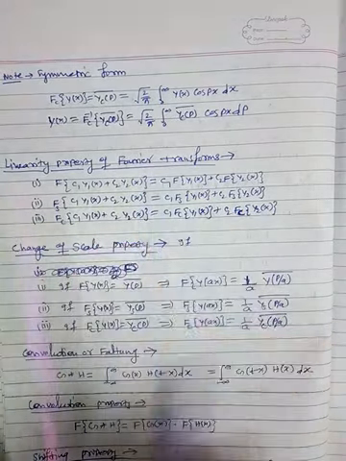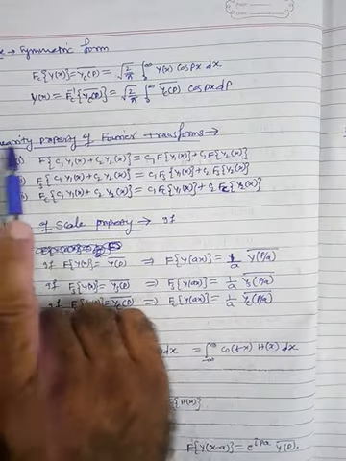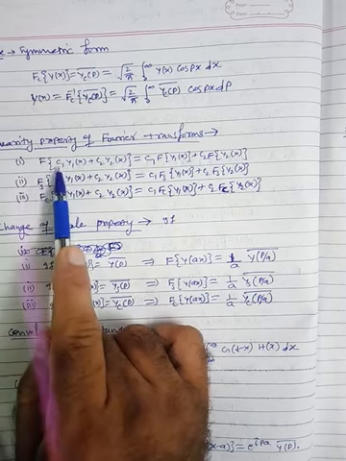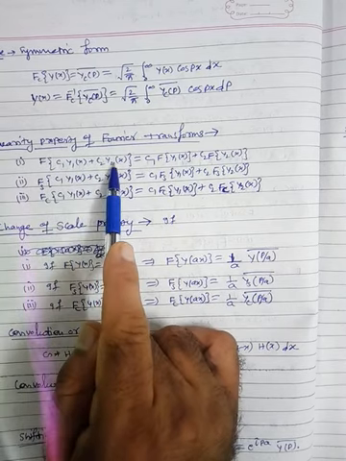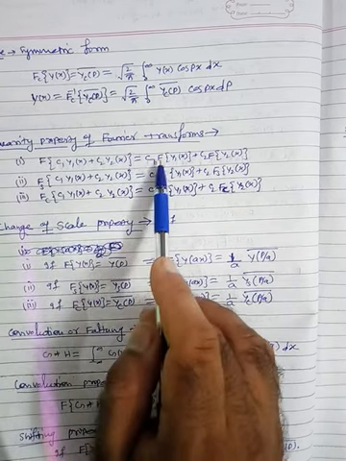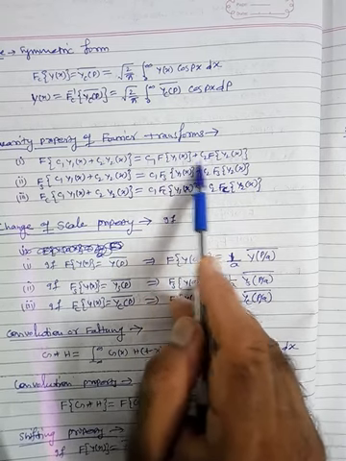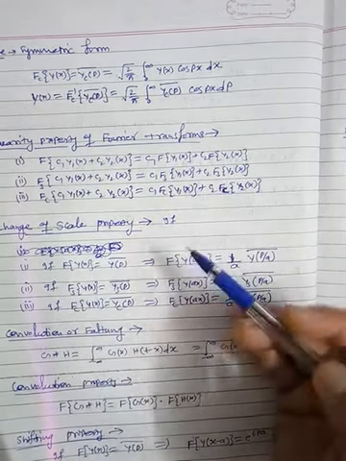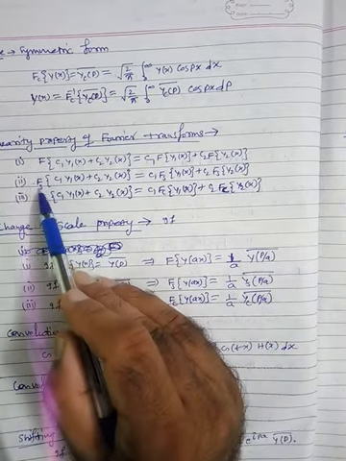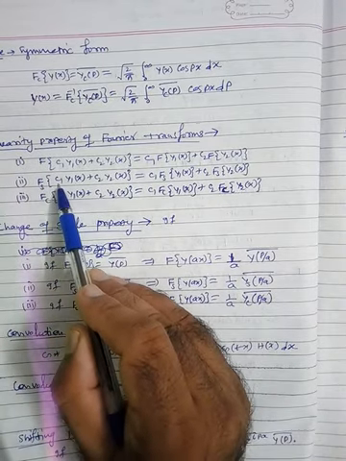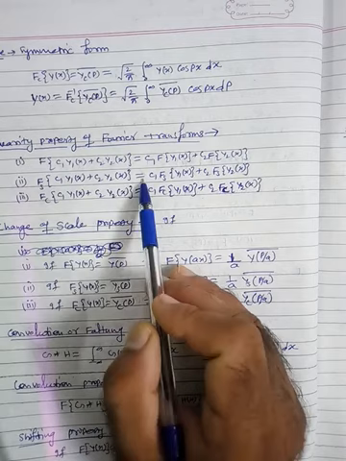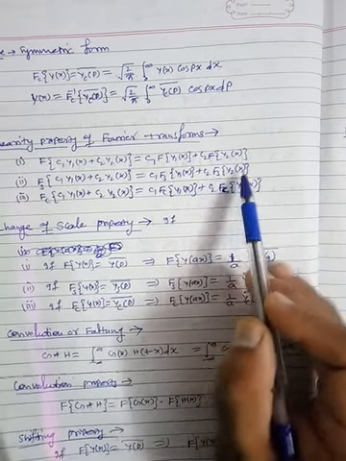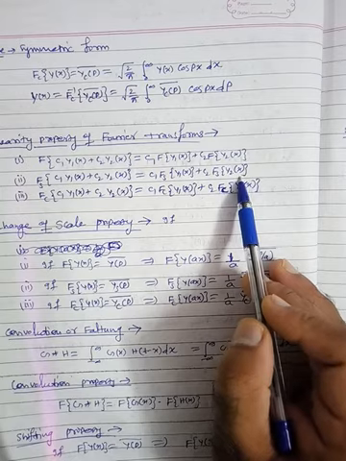Okay, now the linearity property of Fourier transform. So the Fourier transform of c1 y1 plus c2 y2 equals c1 times the Fourier transform of y1(x) plus c2 times the Fourier transform of y2(x). Similarly, the Fourier sine transform of c1 y1(x) plus c2 y2(x) is c1 times the Fourier sine transform of y1(x) plus c2 times the Fourier sine transform of y2(x).